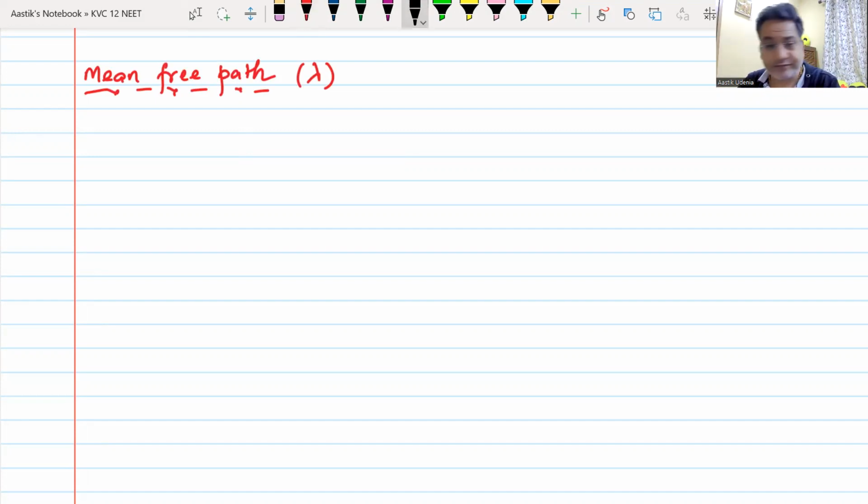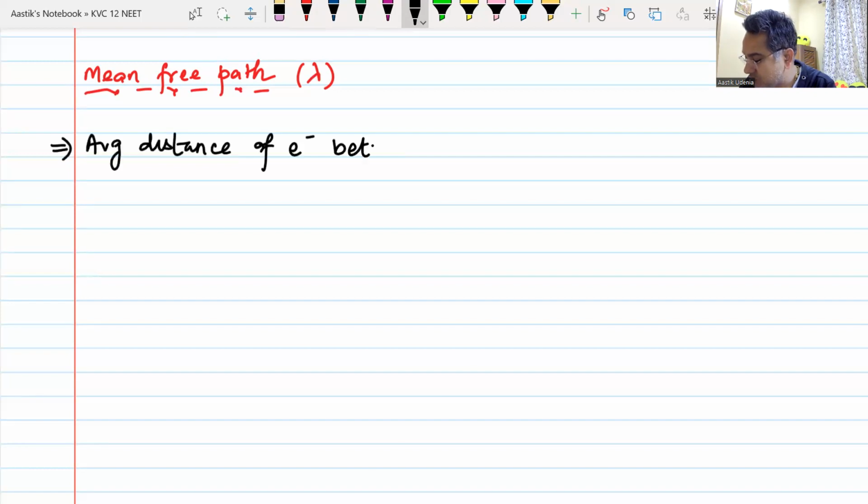This is the average distance, or you can say displacement, of an electron between two successive collisions.